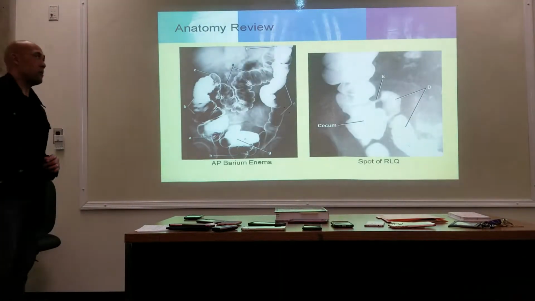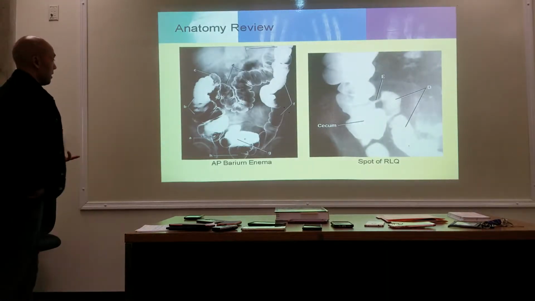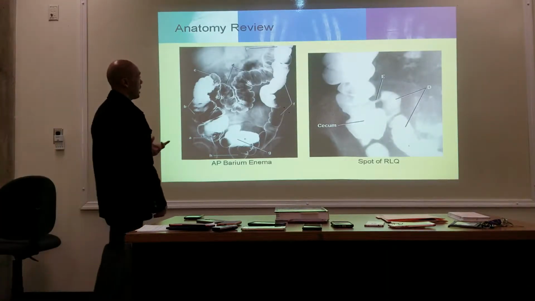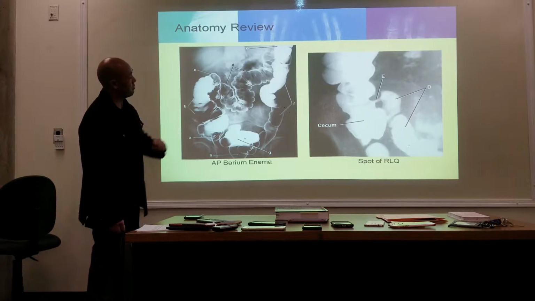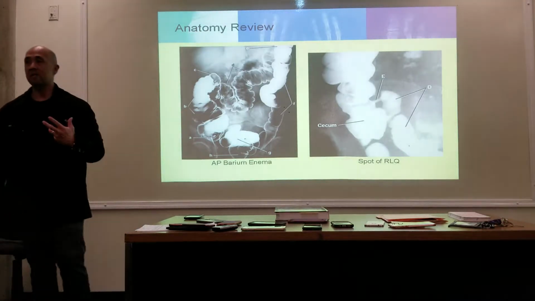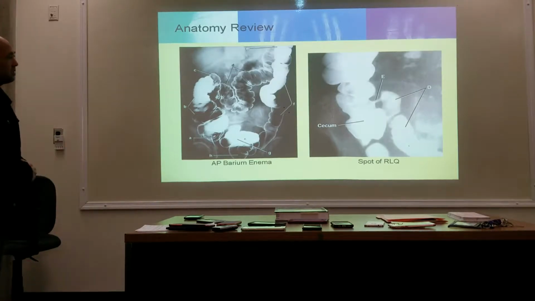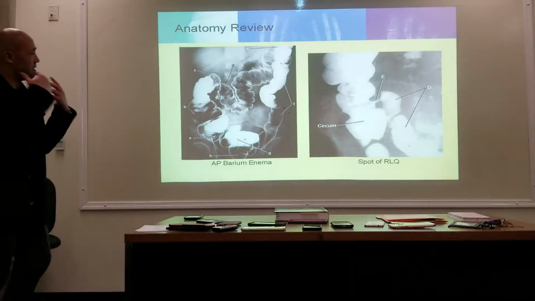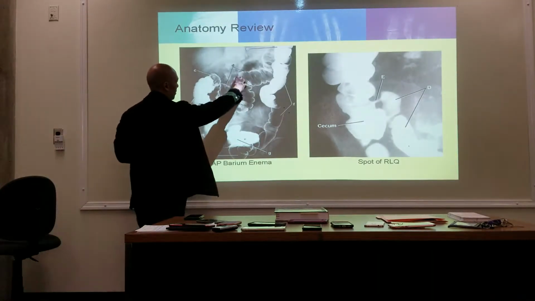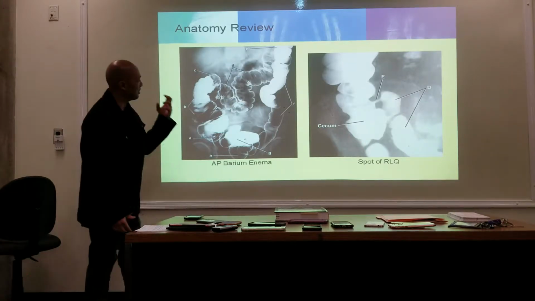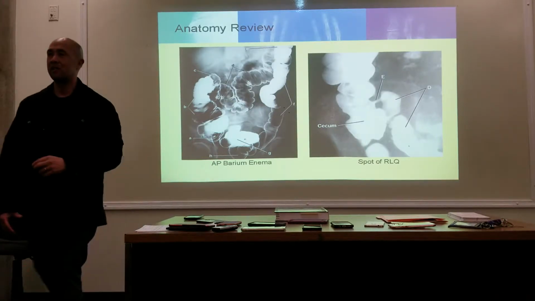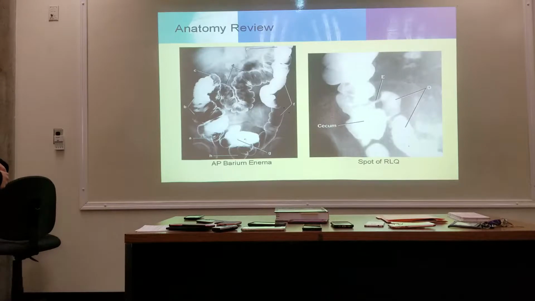All right, so here, this is a double contrast study. So you can see contrast filling parts of the bowel, and then you also see air filling up parts of the bowel. The double contrast study highlights the internal mucosal lining of the bowel, and you get a very, very good depiction of the lining.